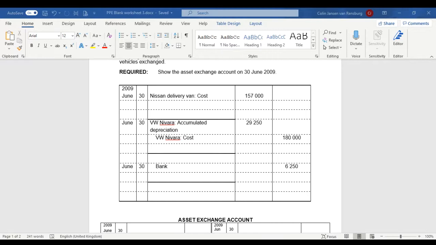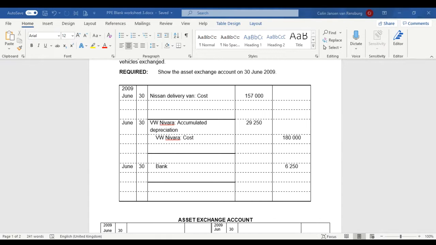Now you must remember the exchange account is what we refer to as a suspense account. What does suspense mean? If you go to suspense movies, a movie that is all about suspense, you're waiting for the pin to drop, you're waiting for something to happen, right?